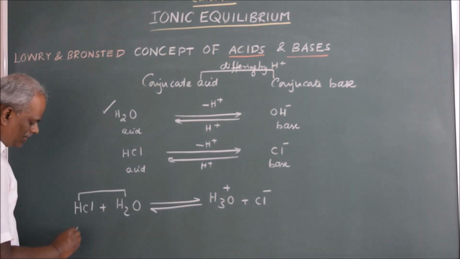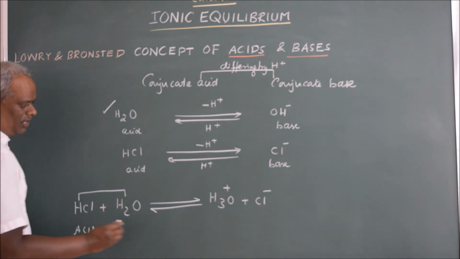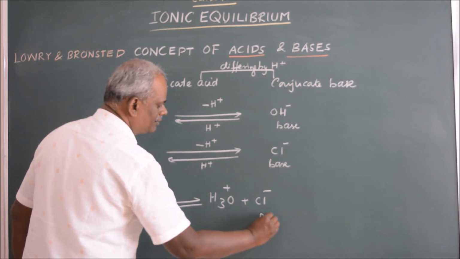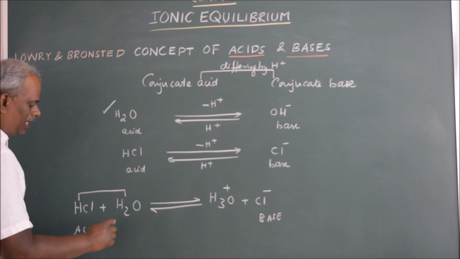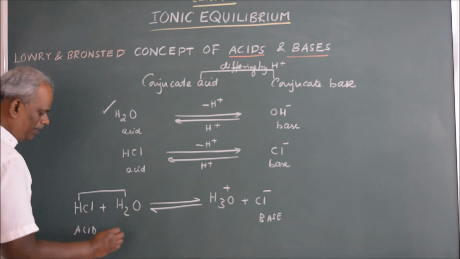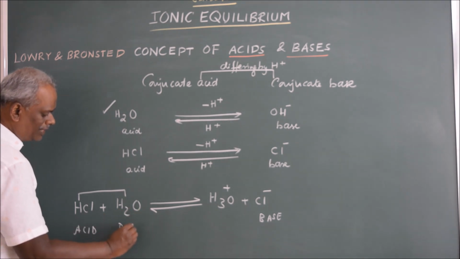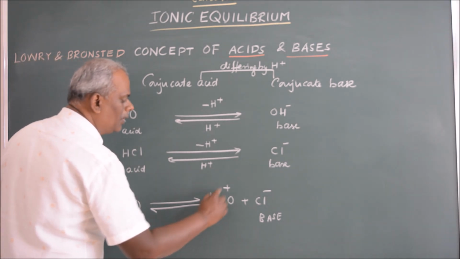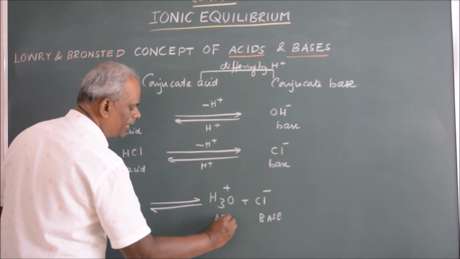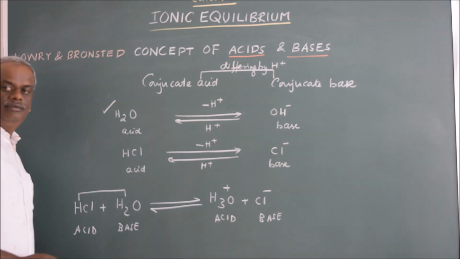I can call this an acid and this a base. Likewise, H2O is accepting the hydrogen plus, so I can call it a base. And this is the donor of H plus, so we can call it an acid.